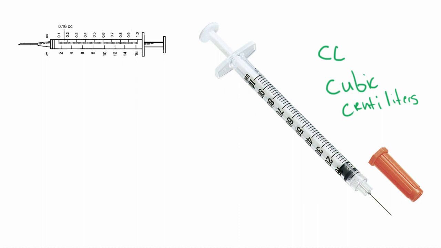So this looks to be pretty precise, and you'd want to be if you're giving somebody a shot of some sort. And even here, this is a drawing, but it looks like it's even more precise. There's smaller intervals. This is 70 and this is 80, and I see 1, 2, 3, 4, 5 spaces. This is counting by 2, and this looks to be counting by 1. So there's 10 here and there's 5 here. So this one looks to be even more precise than this syringe on the right-hand side.